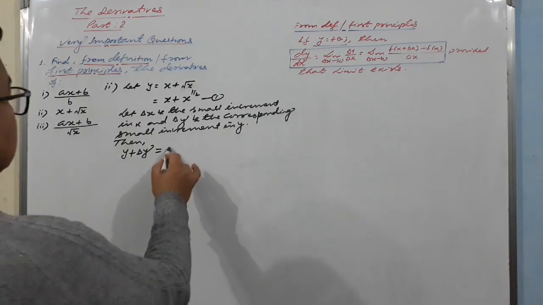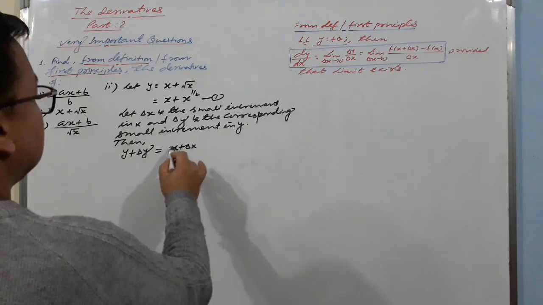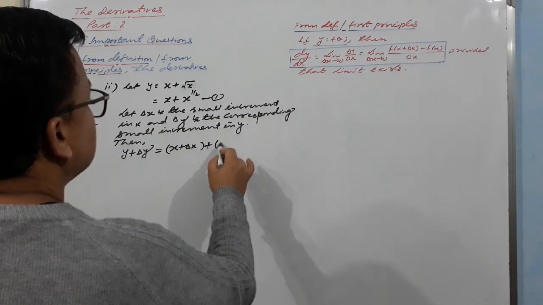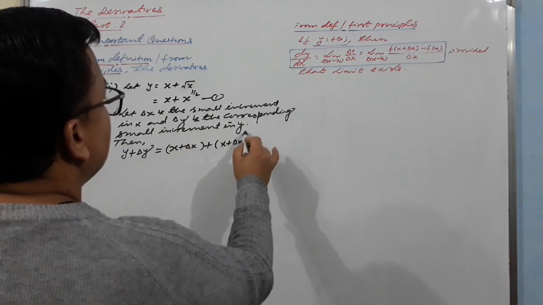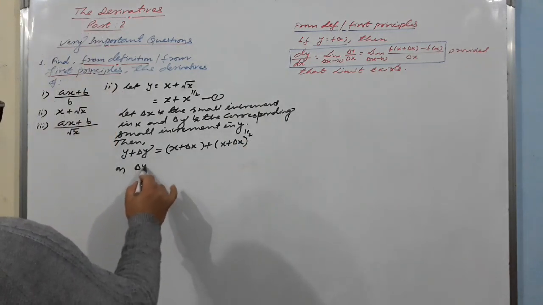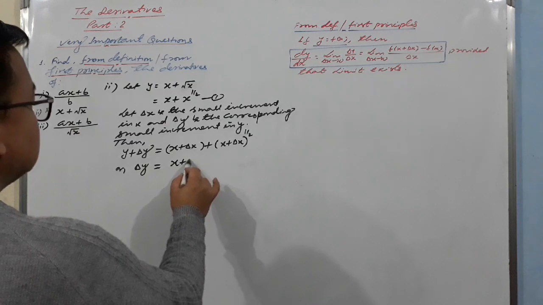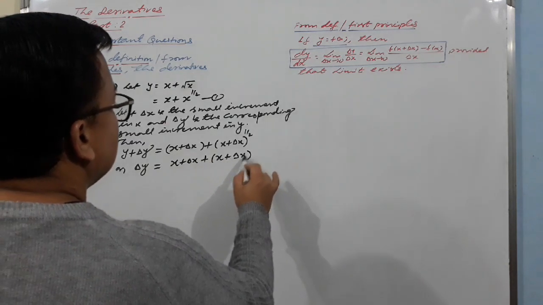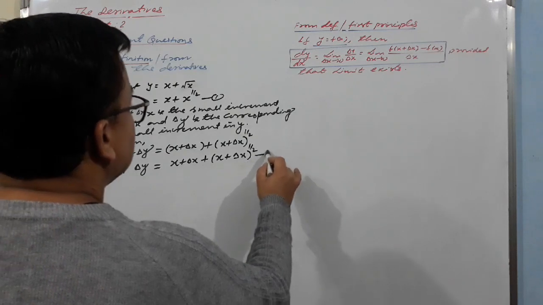Y is a variable, and x is x plus delta x, plus x raised to power 1 by 2 and x plus delta x whole raised to power 1 by 2. So delta y is equal to x plus delta x plus (x plus delta x) whole raised to power 1 by 2 minus y.